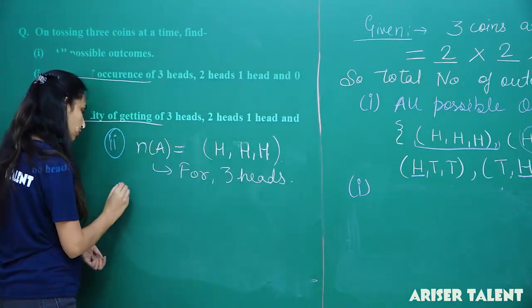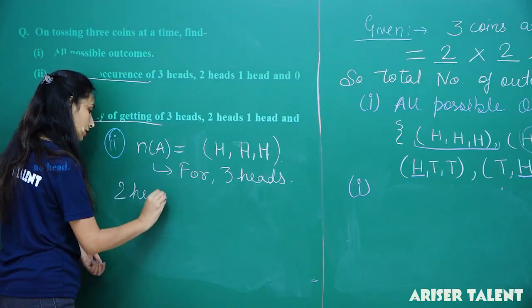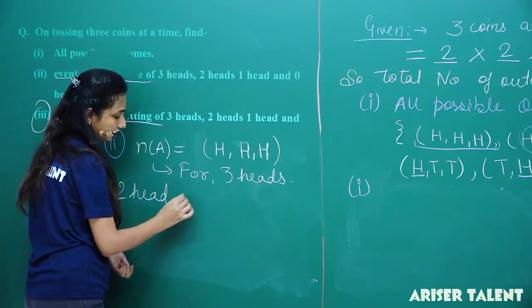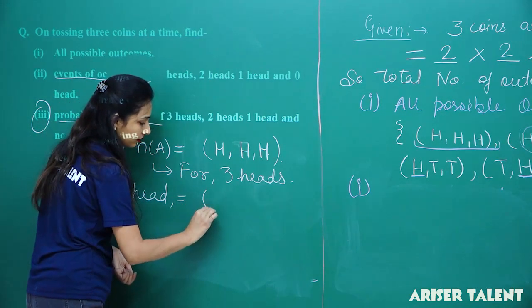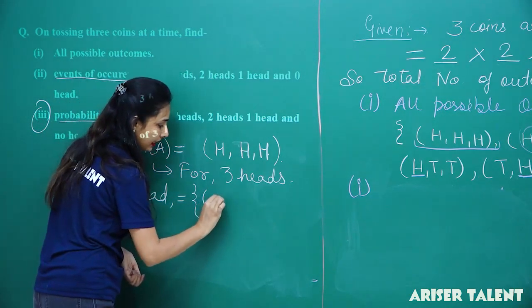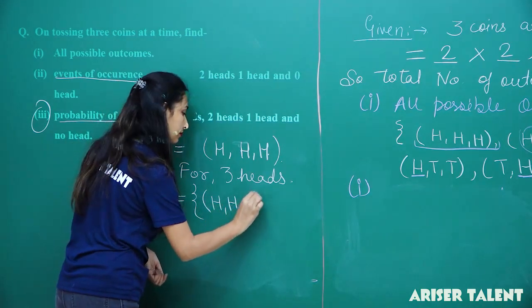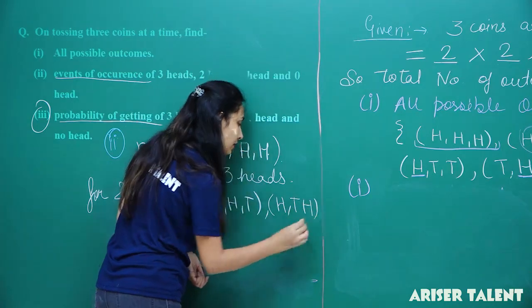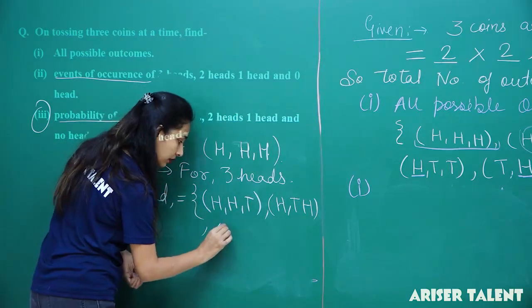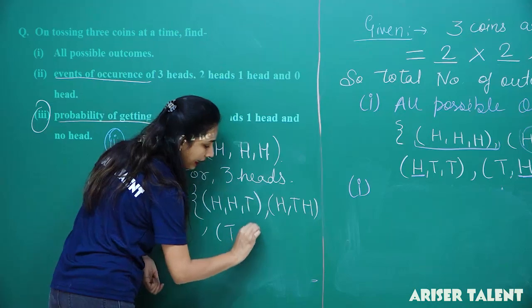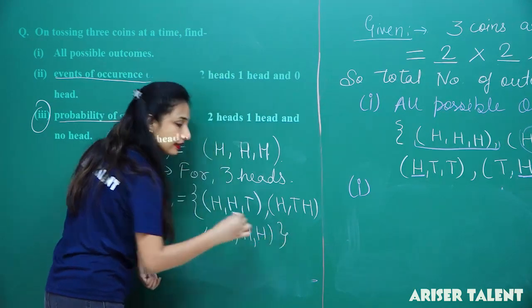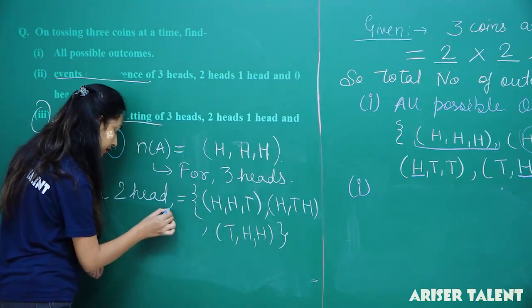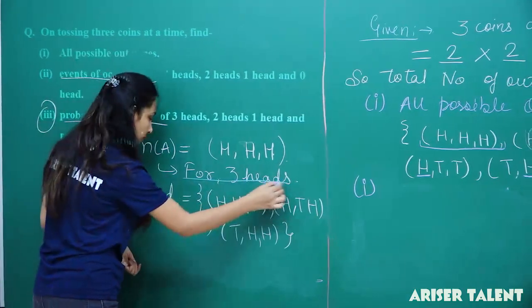If I am talking about 2 heads, for 2 heads, that will be what? Head, head, tail, and then head, tail, head, and the third one was tail, head, head. We have discussed this. Now the next one, this was 1, this is 2 and this is 3.